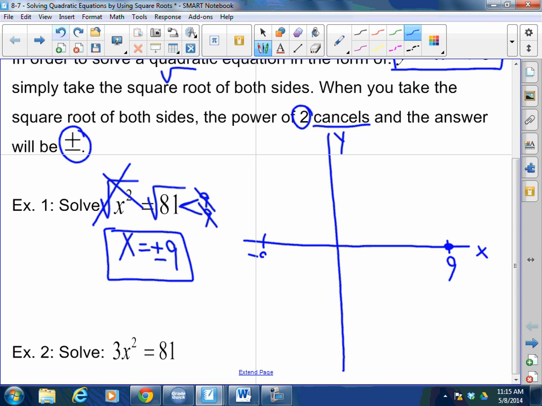Those are my zeros, my x-intercepts, or my solutions, correct? Okay. Here, when you have this in standard form, x squared minus 81 equals 0, what's the y-intercept? The y value when x is 0? Negative 81. And guess what, guys? That's my parabola.